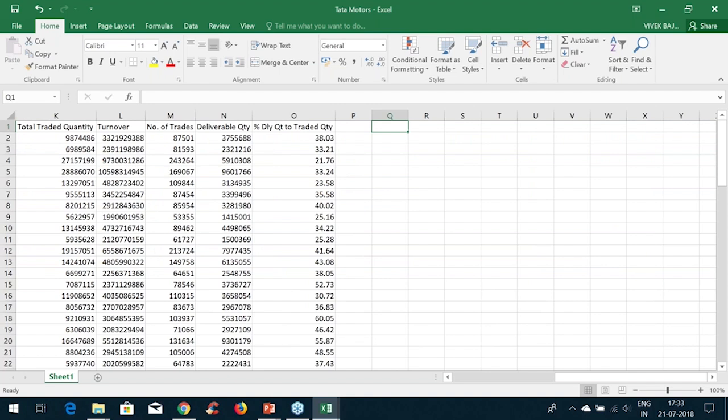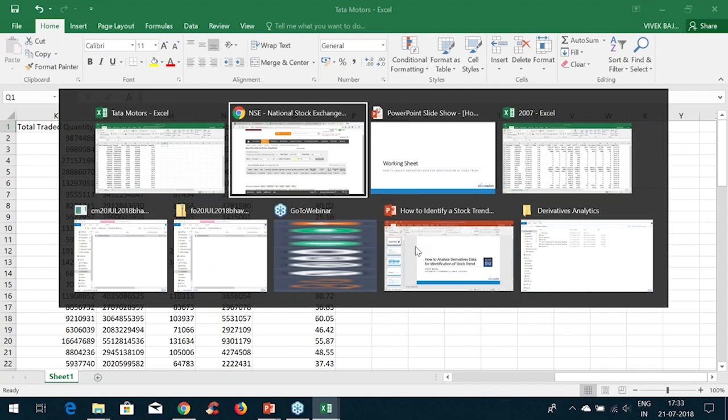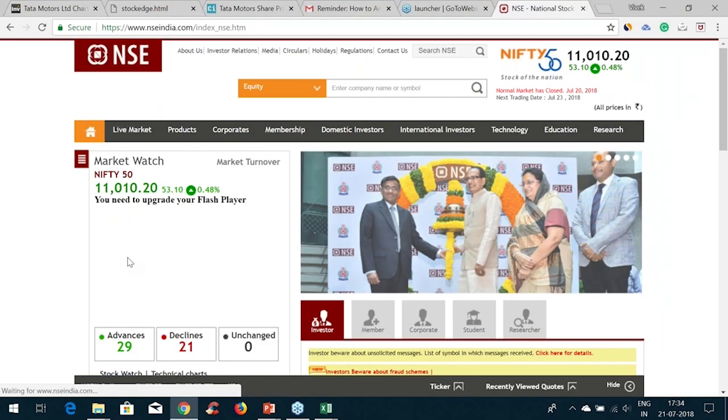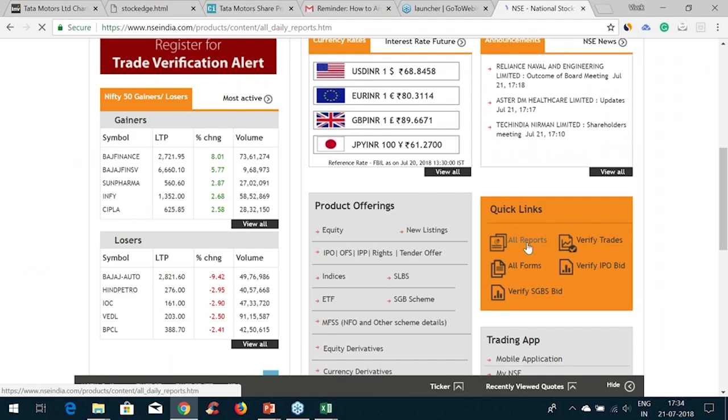I also want the derivative data. Now in derivative data of Tata Motor, I will get different expiries, I will get futures, I will get options. Okay, how do I get the data? First, let me try to bring in the futures data from the derivative database. So how do I get the futures of Tata Motor? So I go to again the all report section.